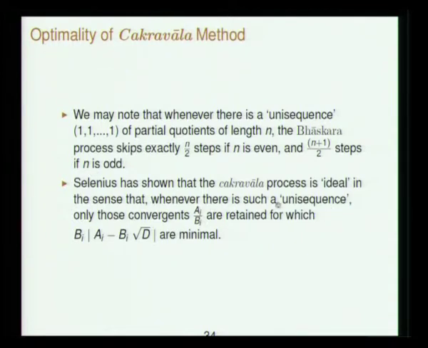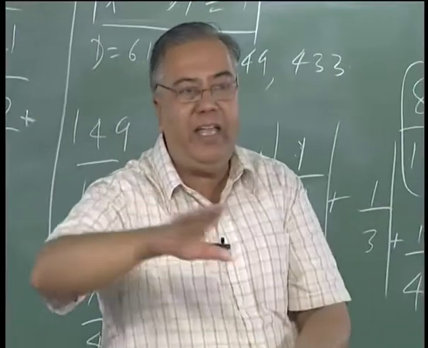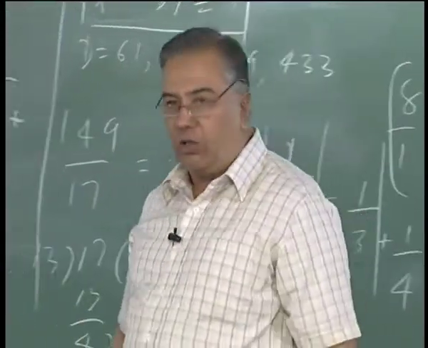And Selenius, who studied these uni-sequences in great detail, the Swedish mathematician I was telling you about, showed that the remaining convergents are actually the optimal convergents, in the sense that the modulus of b_i times the square root of d minus a_i is minimal. So of the n plus 1 convergents possible, Chakravala picks out the closest convergents and throws away the ones which are not that close.